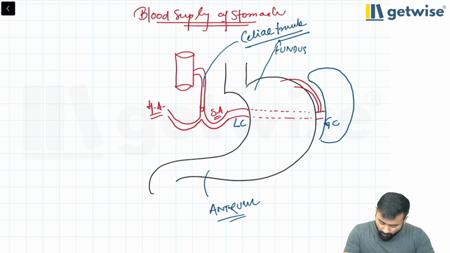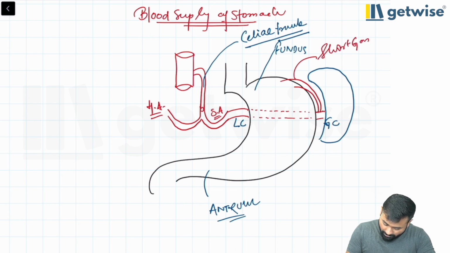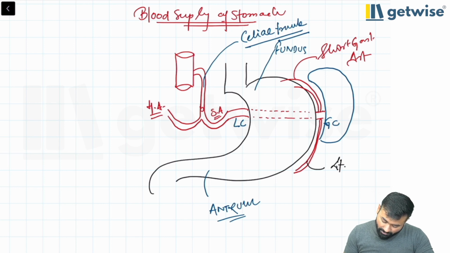On the superior side it will give the short gastric arteries. On the inferior side, it will give a branch called the left gastroepiploic artery.